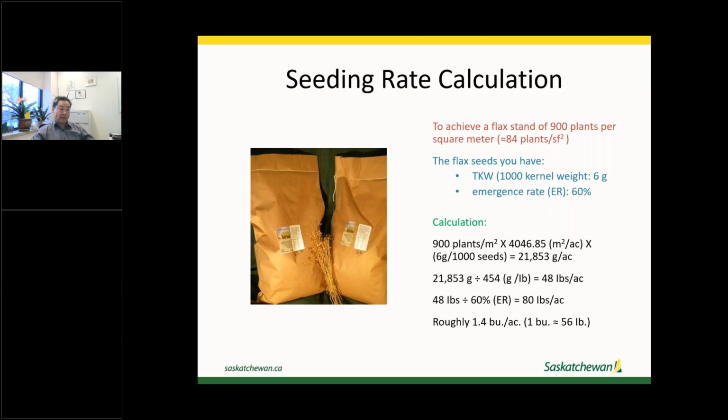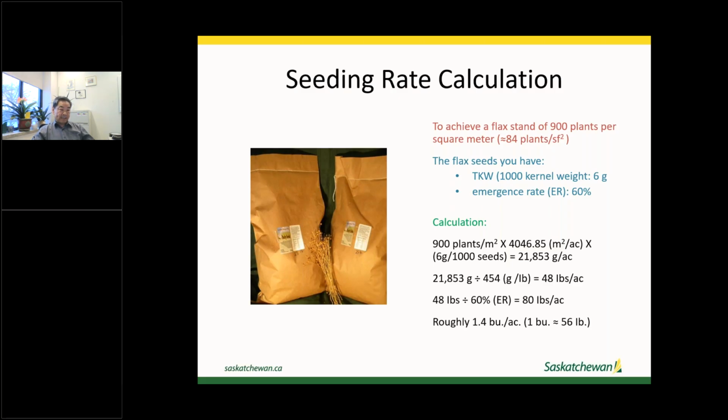I'm sure that many of you are very familiar with the seeding rate calculation. In case you forgot how to do that, I just want to go through a quick review of this calculation process. Here's the example. To achieve a flax stand of 900 plants per square meter, which is equivalent to 84 plants per square foot, what is the seeding rate?